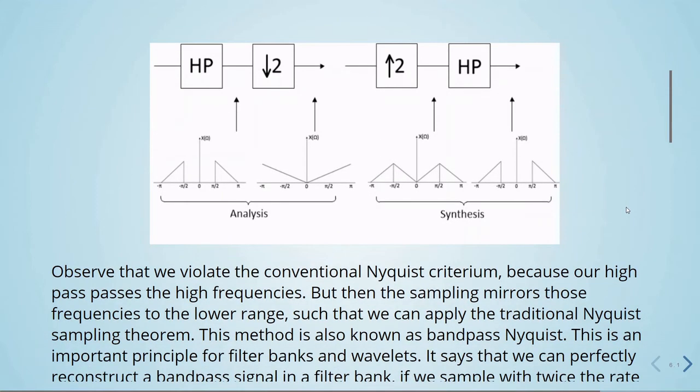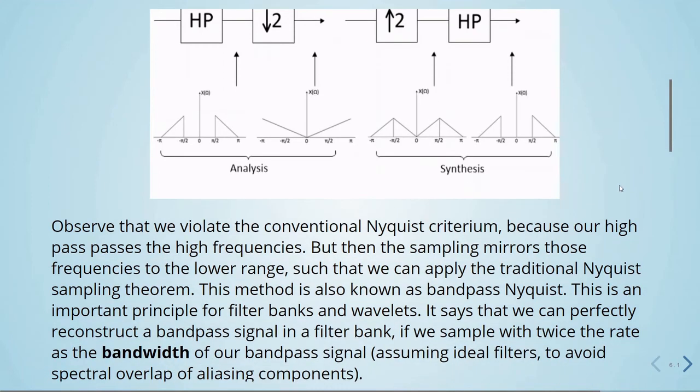It's very interesting to observe that we violate the conventional Nyquist criterion, because our high pass passes the high frequencies, but then the sampling mirrors those frequencies to the lower range, such that we can apply the traditional Nyquist sampling theorem. This method is known as the band-pass Nyquist.